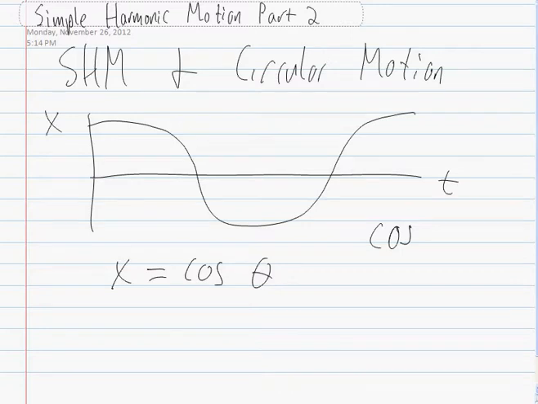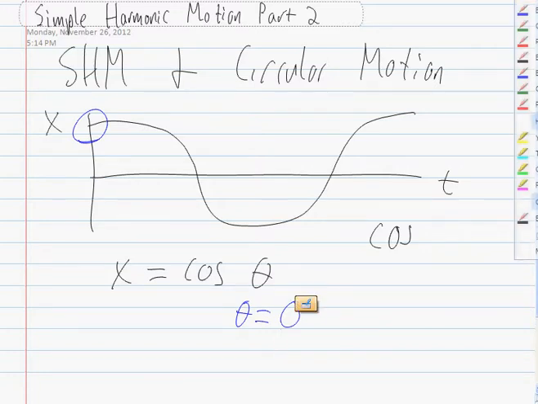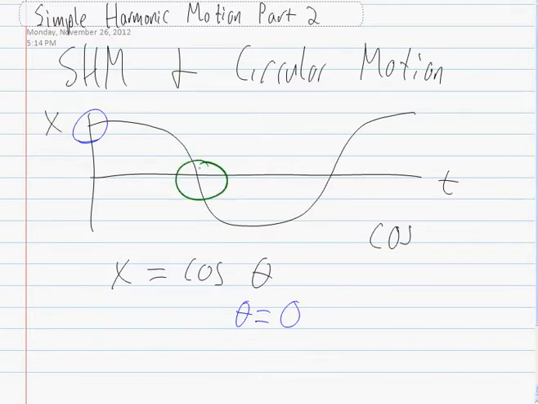Well, if we say x equals cosine of theta, and we represent everything in radians, at this point here, theta is going to equal 0. At the point over here, theta is going to equal 90 degrees, or pi over 2, because the cosine of pi over 2 is 0.